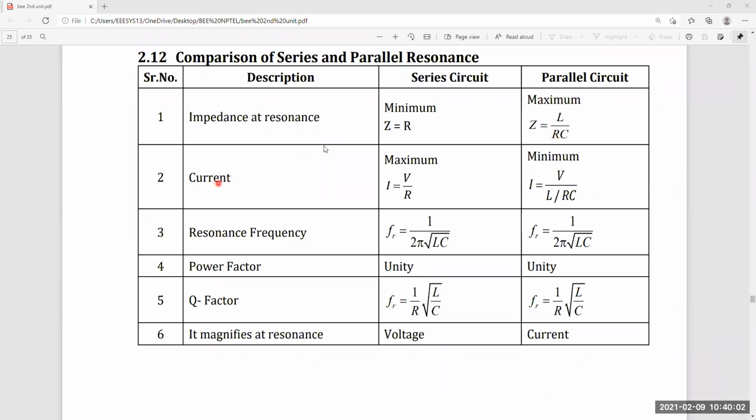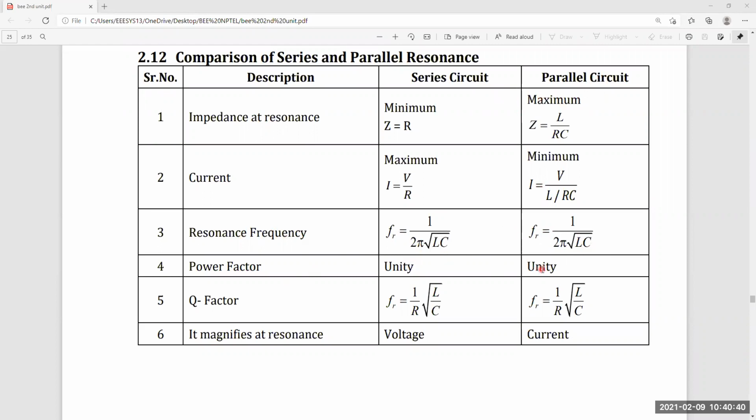Current is inversely proportional to impedance. If the denominator is minimum, the current will be maximum. So in the parallel circuit, L by RC is the maximum value, then I is minimum. At resonance frequency, fr is equal to 1 by 2 pi root LC, and the parallel circuit has the same formula. The resonance frequency formula is the same in series and parallel circuits.